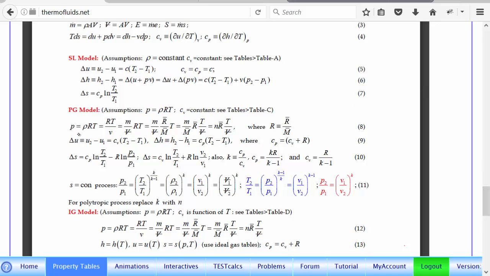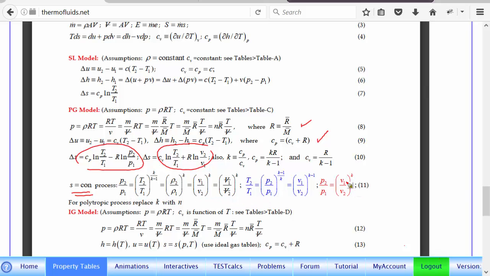Notice that this PV equals RT, the different form, is expressed in this first equation, equation number 8. Then delta U, delta H, these relationships are here. Delta S, we just showed these two different relationships of delta S, how to find. And finally, if entropy remains constant, notice a whole slew of equations can be obtained based on what you know.